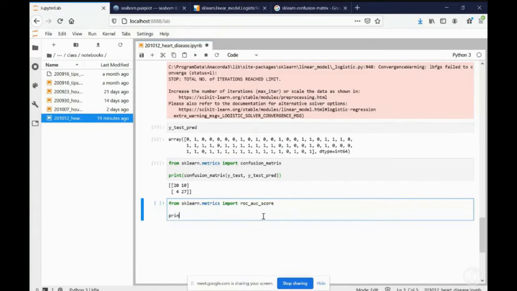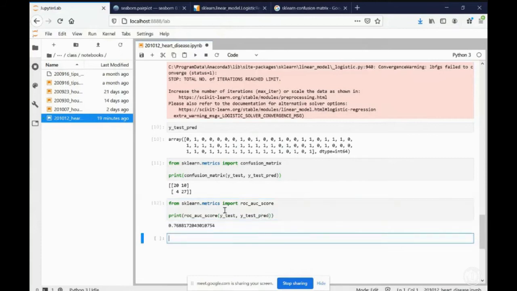Okay, so you'll say print ROC AUC score between Y, S, and Y. Okay, so this is what you will be using.